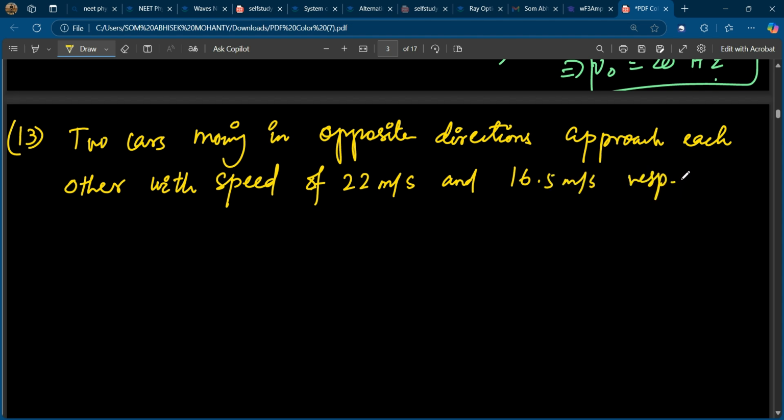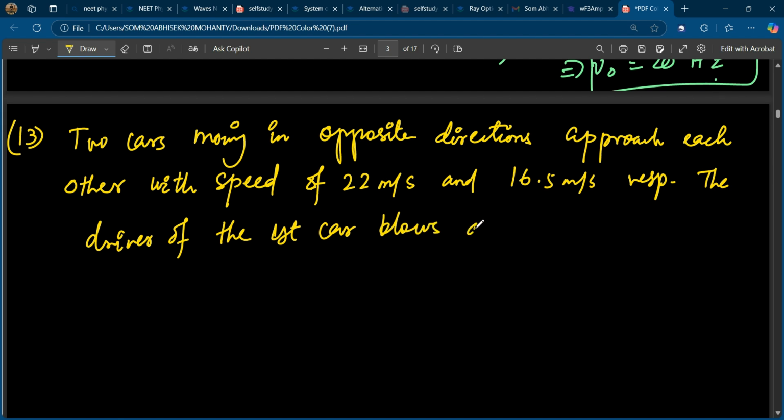The driver of the first car blows a horn of frequency 400 hertz.